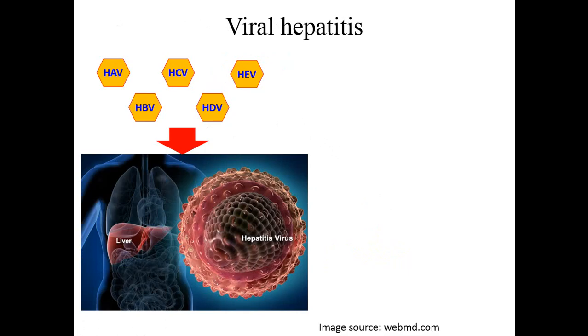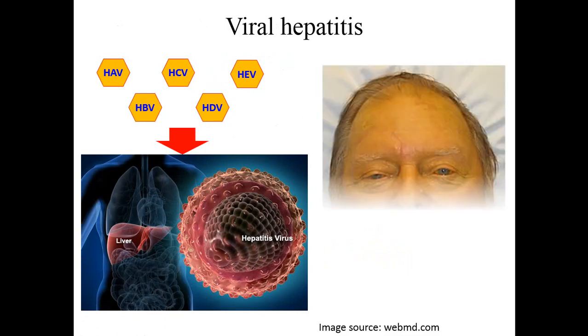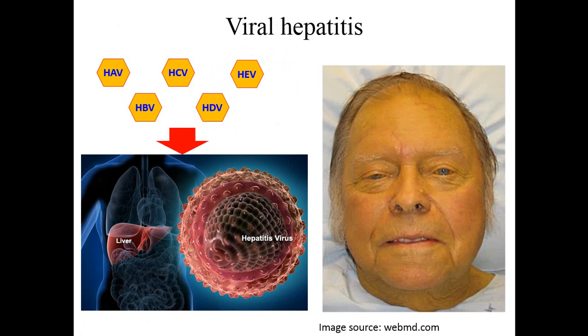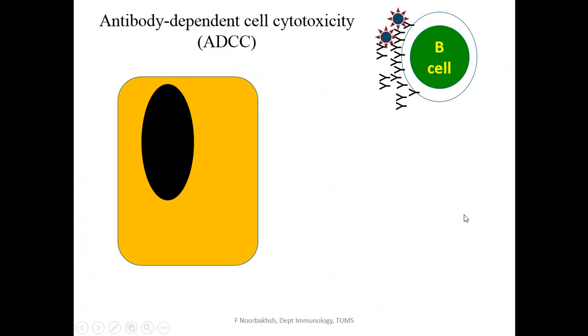Another mechanism is so-called antibody-dependent cytotoxicity. Well, here I have a picture from a patient who has hepatitis, and you see the jaundice and the yellowish discoloration of the sclera and the skin here. Viruses usually enter cells and live inside cells, and as we will see in the immunology of infectious disease class, when something is inside the cell, the antibodies cannot have access to it.